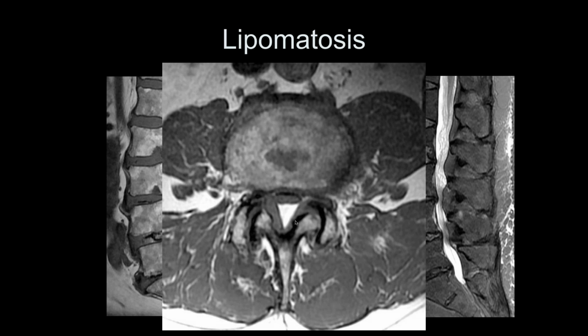I think many people believe that this can actually produce a central stenosis, and we can see that the nerve roots are certainly not normal in their course here. But not everybody believes that the actual lipid tissue here is doing the compression, that it may be just an innocent bystander. So I think that's debatable. But there are people who believe that epidural lipomatosis can be a symptomatic condition.